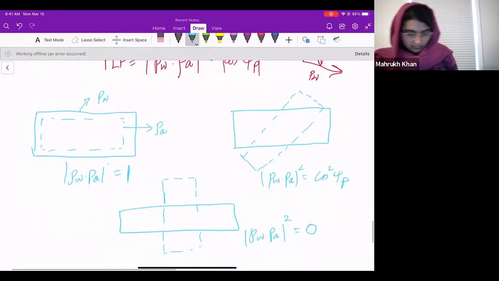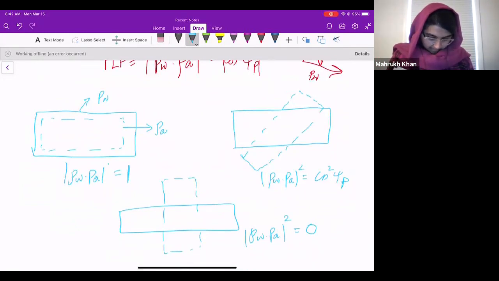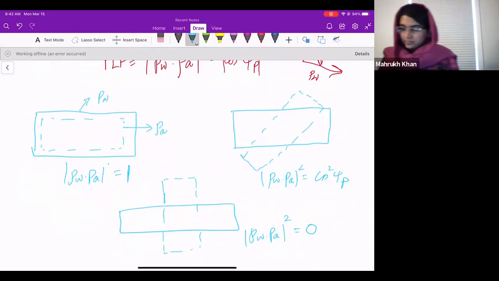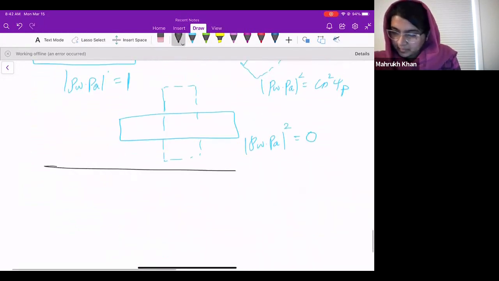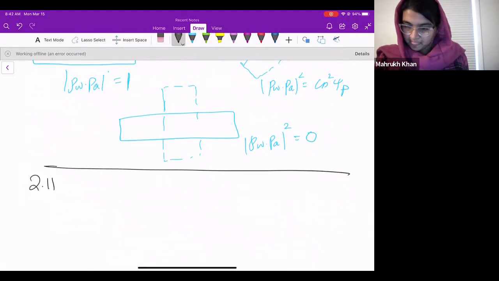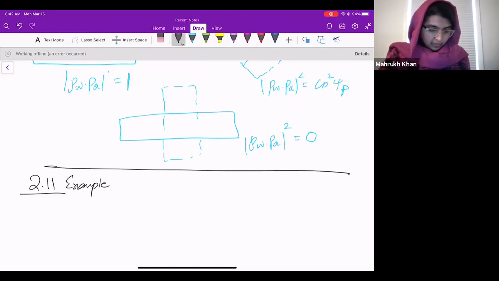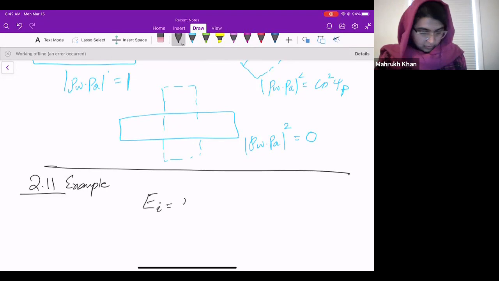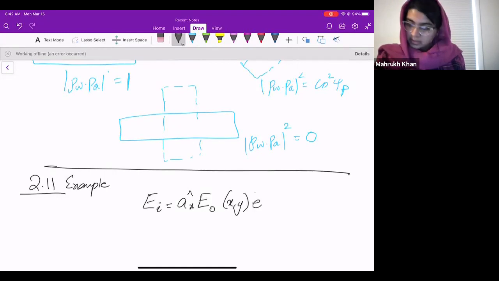I will solve a problem so that it will make more sense. The problem in 2.11 states that you have a linearly polarized electric field wave, E_i equal to a_x E naught e to the minus jkz, propagating in the plus z direction.